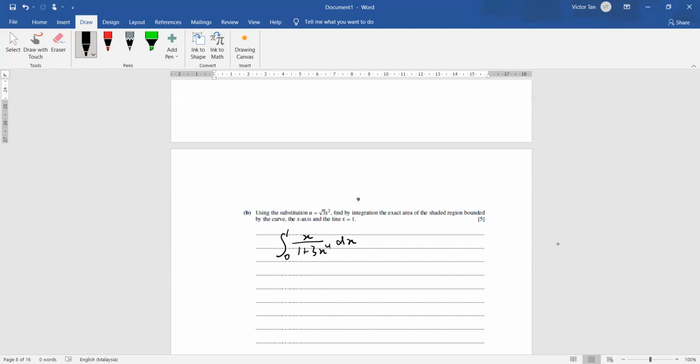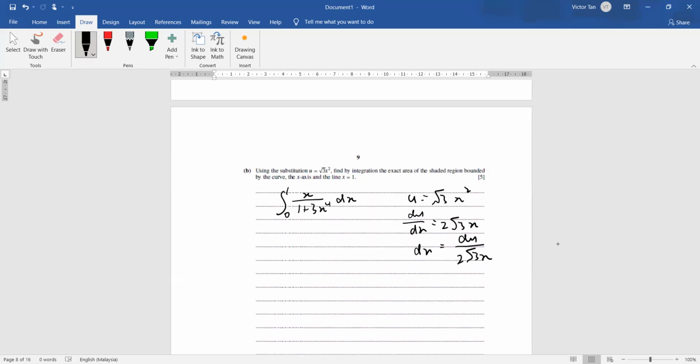Okay, so what we're going to do is substitute u with root 3 x squared. So du over dx is 2 root 3 x, so dx equals du over 2 root 3 x. Here you get u squared is 3x to the power 4.